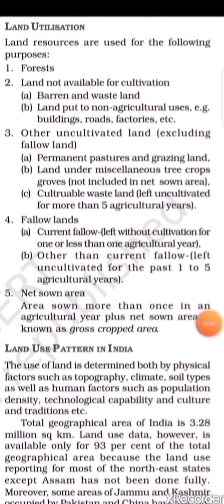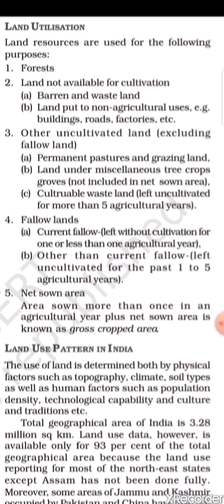Third is other uncultivated land, where land is used as permanent pastures or grazing land, and where trees can be grown, like bamboos and groves, or trees which can be used as fuel. Then cultivable waste land, where land is left uncultivated for more than 5 agricultural years.